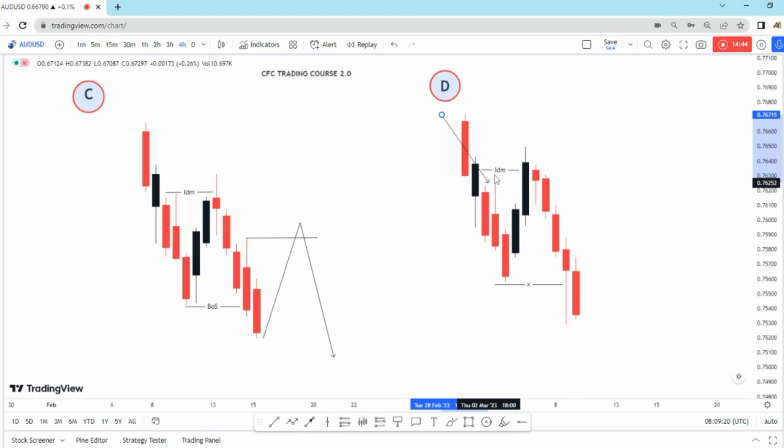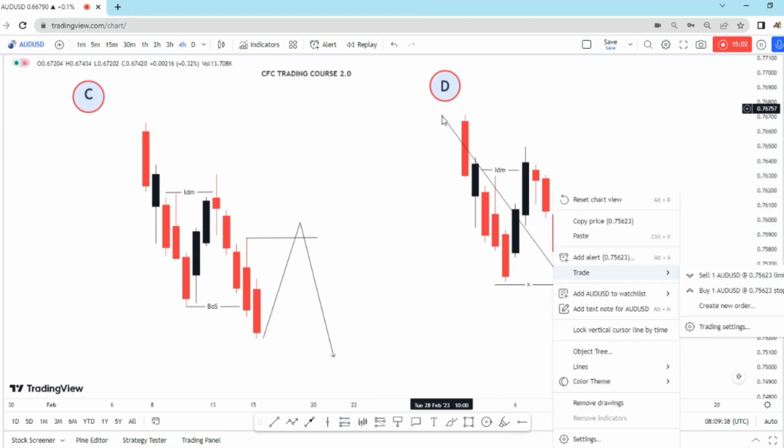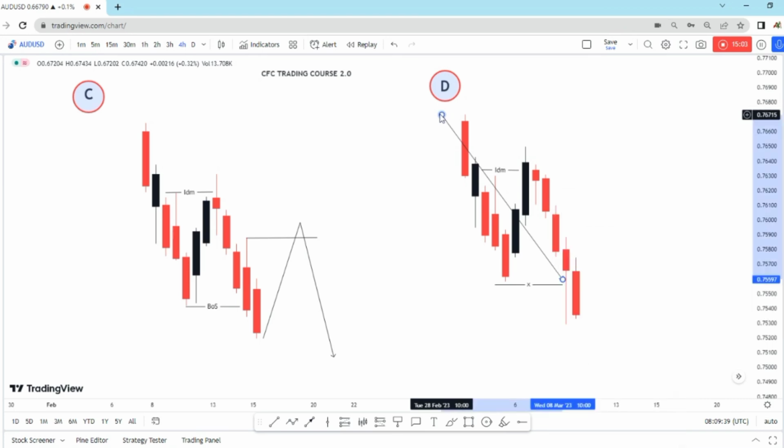That gives us a valid pullback, and hence that's our inducement leg. This inducement is confirmed when price finally breaks and closes above it before continuing to the downside. That is how you can identify your inducement and break of structures.